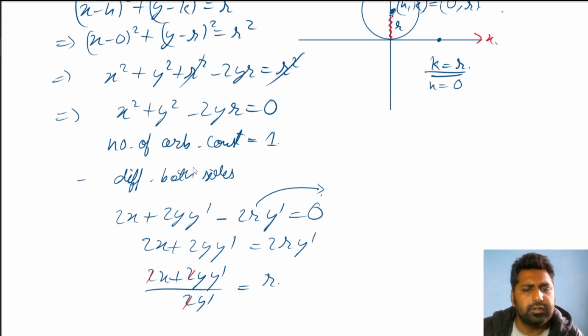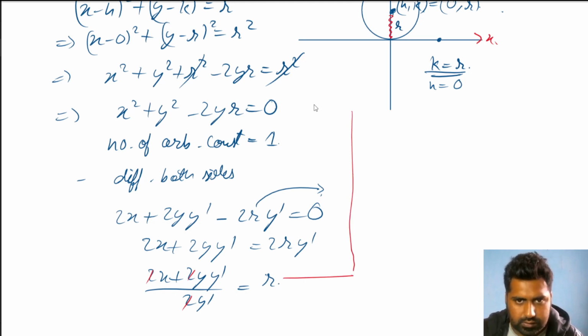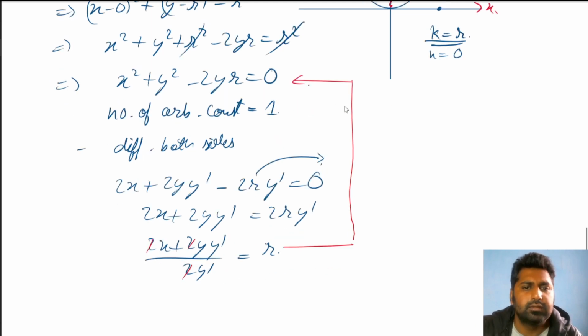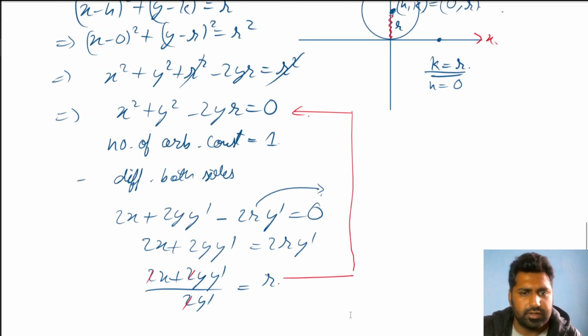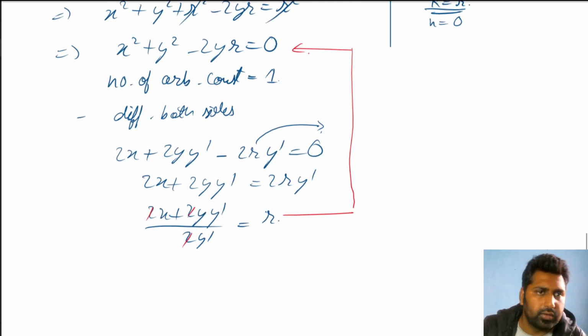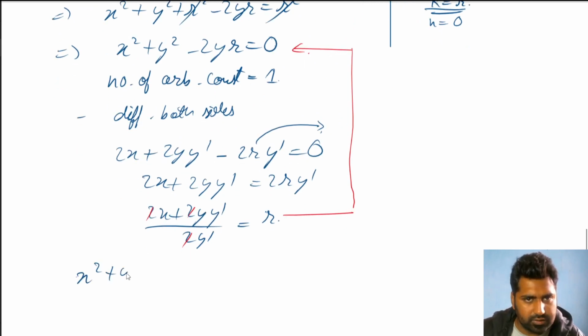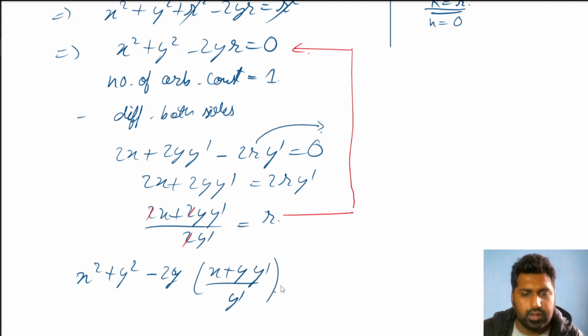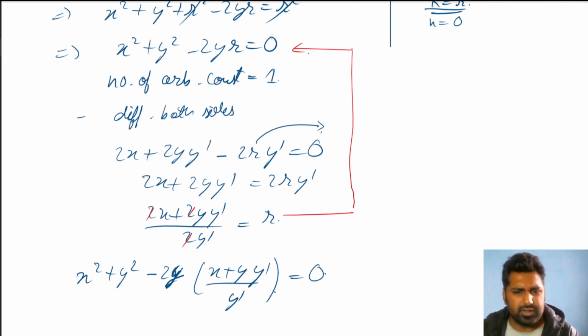We have learned this method that we can put the value of r in this equation. We got ourselves a differential equation. So the equation will become x square plus y square minus 2y times (x plus y y dash) upon y dash is equal to 0. That's your differential equation.